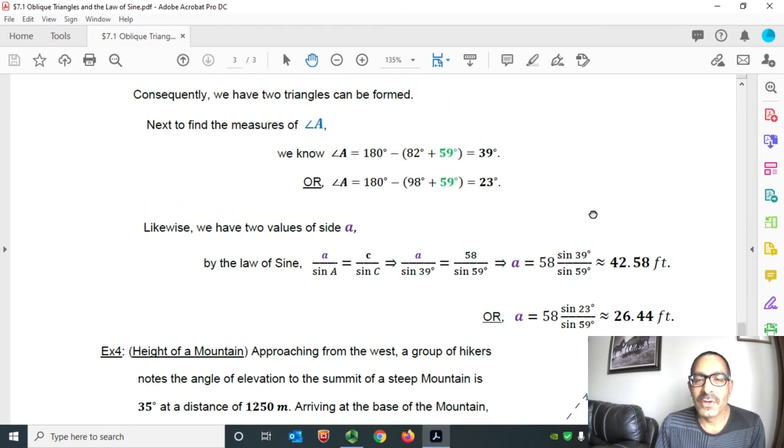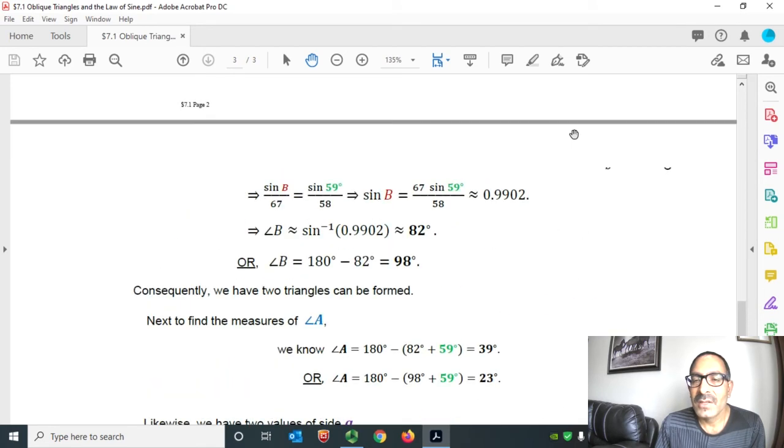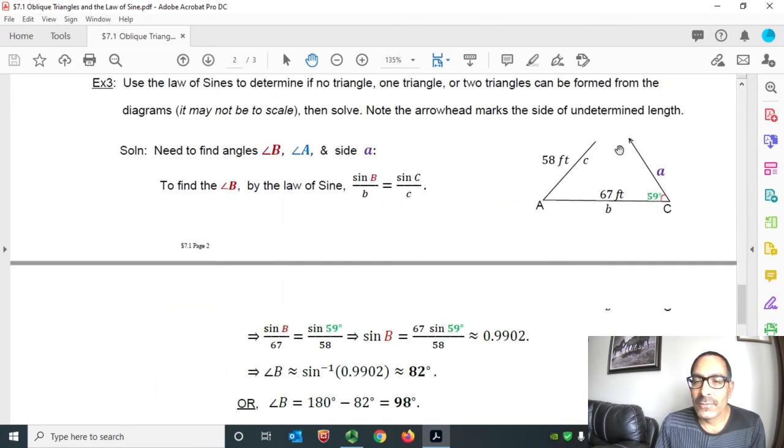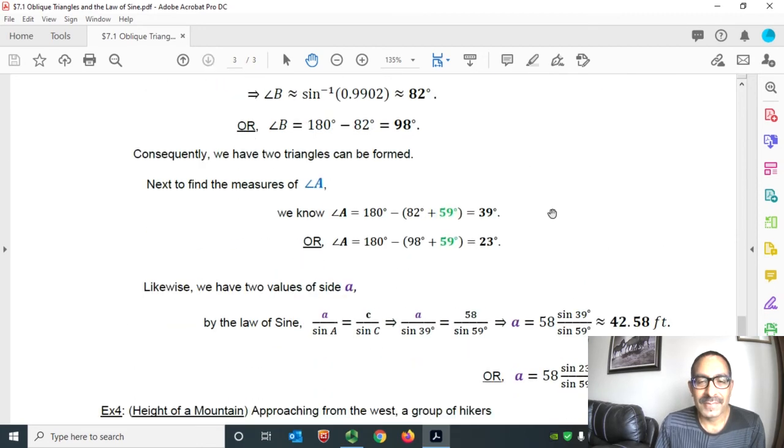Now let me summarize again. In this diagram, we found two possible values of angle B. Then correspondingly, we found two possible values of angle A. Similarly, we found two possible lengths of side A. Awesome. Now we finish this example 3. Now let's move on.